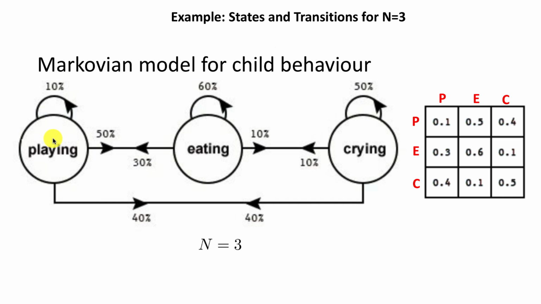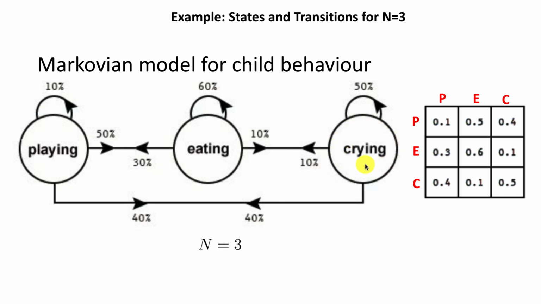Now suppose, while playing, she starts eating. Well, in that case, she can keep eating with a 60% chance, or while eating, she can restart playing with a 30% chance, or there's a 10% chance that she will start crying.